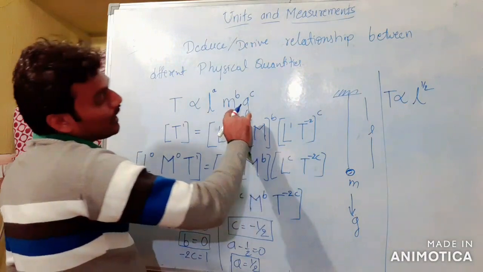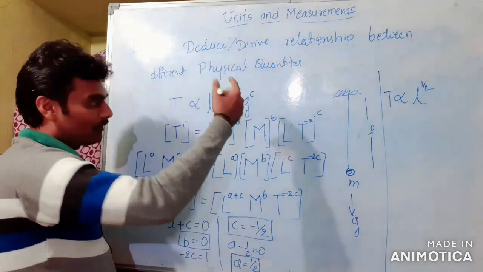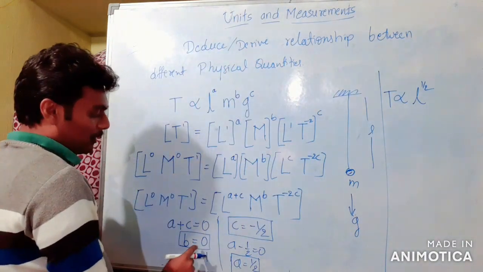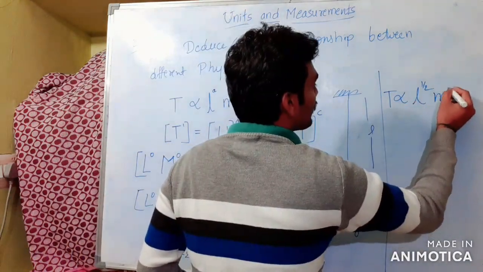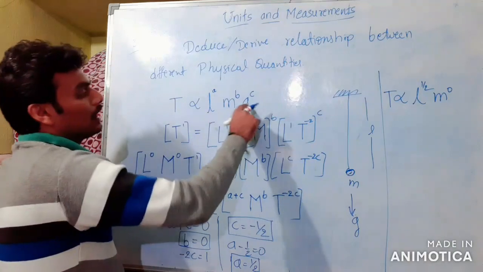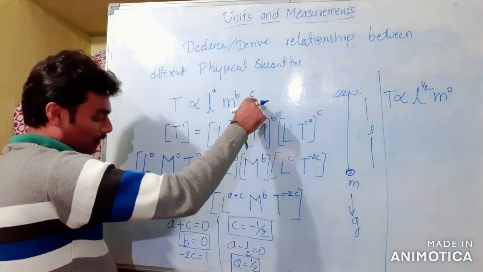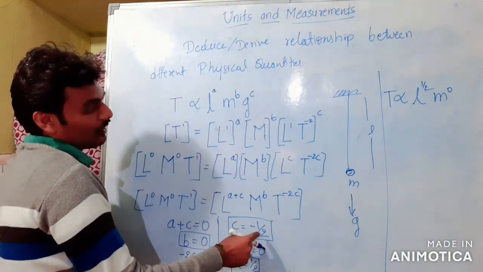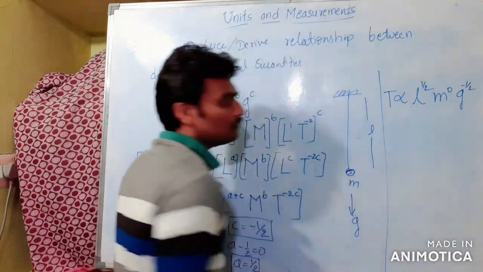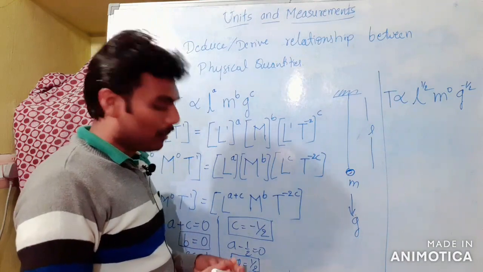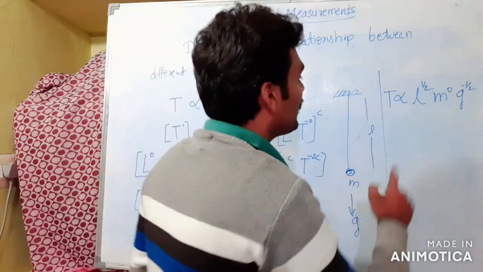And I have M raised to B, B is 0. So M to the power of 0 it is. And here I have G raised to C. What is C? C is minus half. So it is G to the power of minus half. M to the power of 0, anything to the power of 0 is 1. So the middle term vanishes.